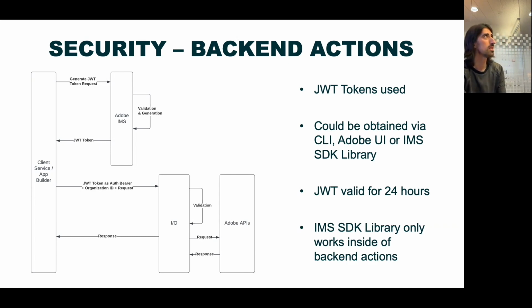If you build an automated process where you don't want to regenerate the token manually all the time, you need to use the SDK library. If it's a one-time action, you can use the Adobe UI and manually copy the token to your system. It works in a manner that you request the JWT token, it validates the request, generates the token for you, and then you use the token to call the APIs of the system.